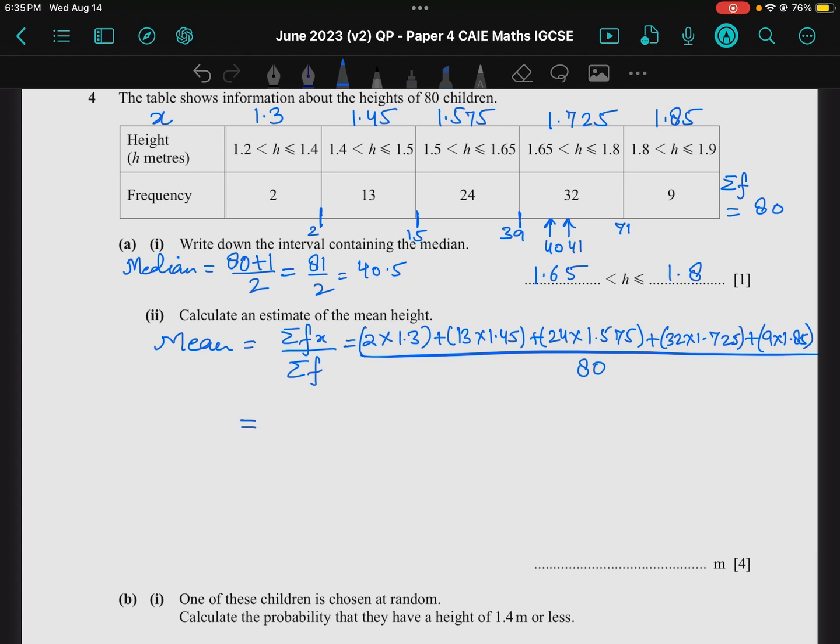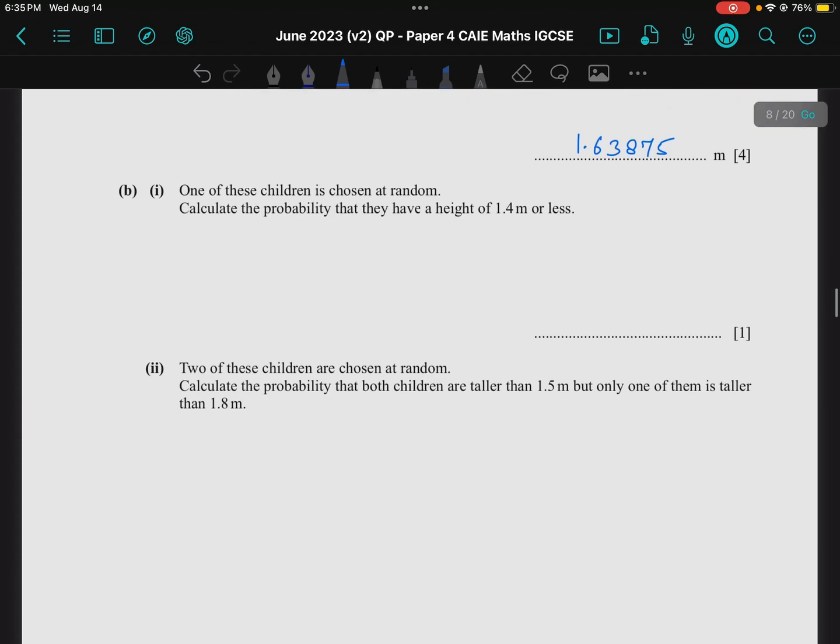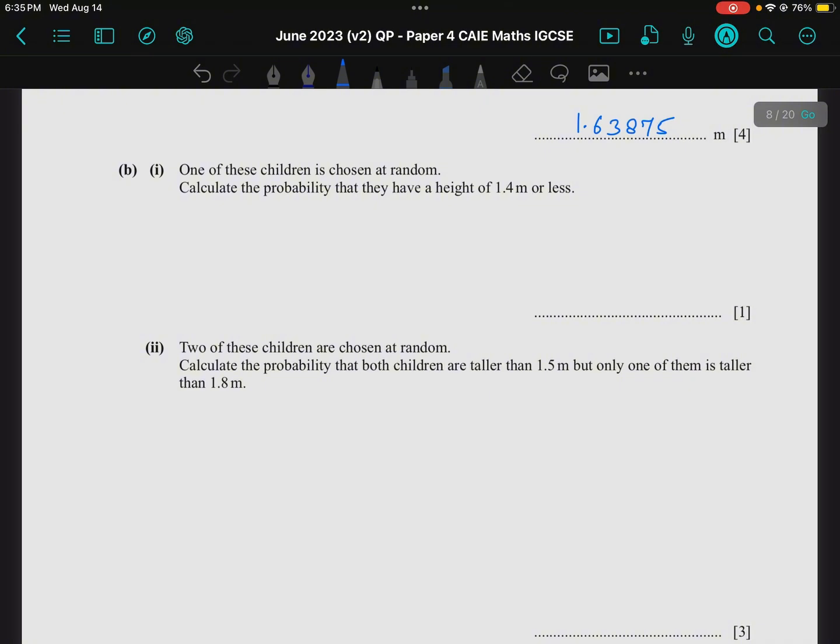When you multiply and add them, you will be getting 131.1 upon 80. So your answer is 1.63875 meters. Answer.